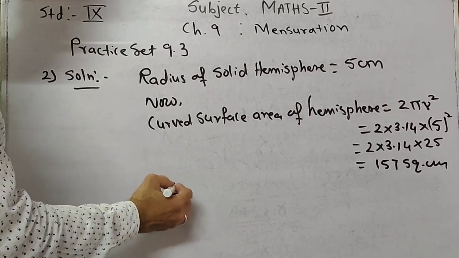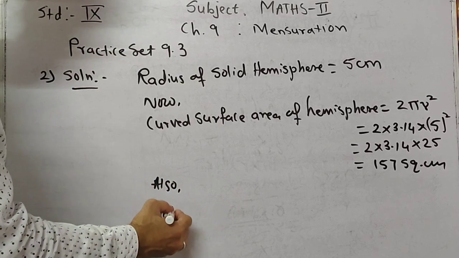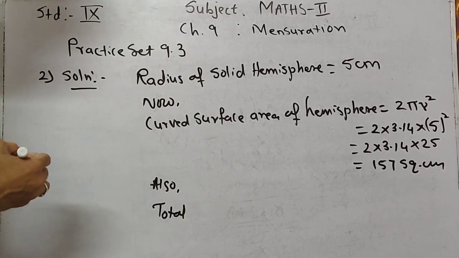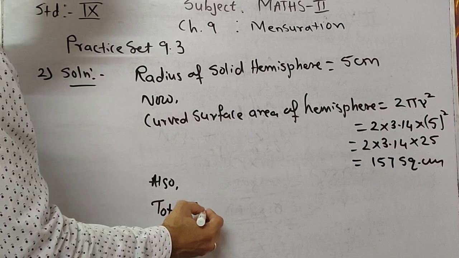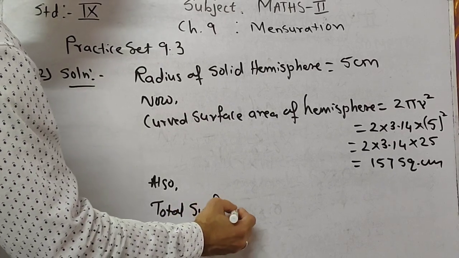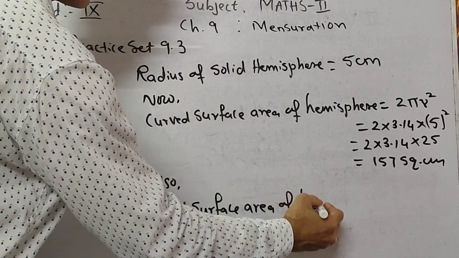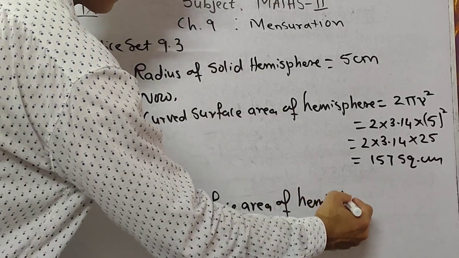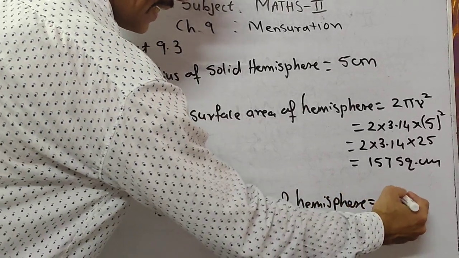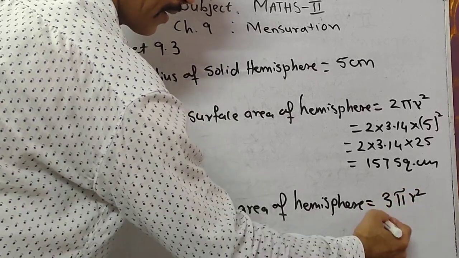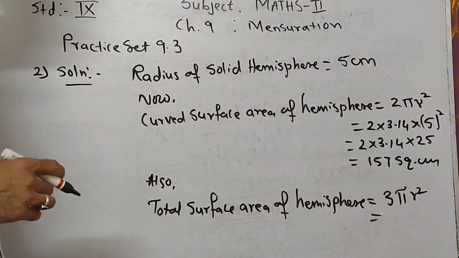Also total surface area of hemisphere, that is 3 pi r square. Total surface area is 3 pi r square.